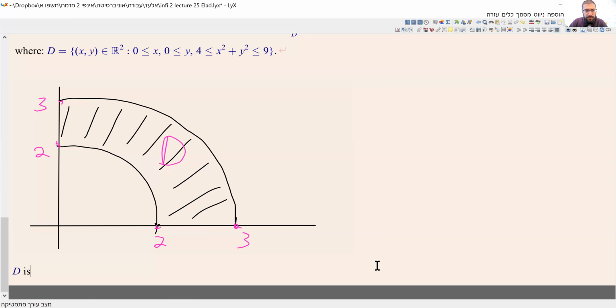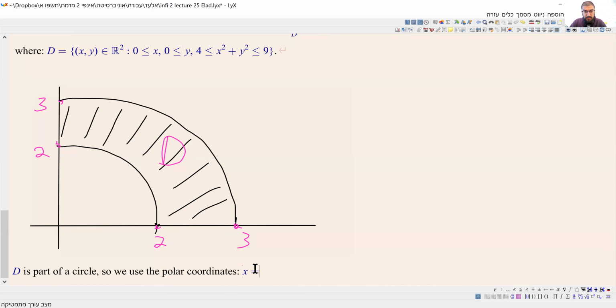D is a part of the circle. So we use the polar coordinates, and again, x is r cosine theta, and y is r sine theta.